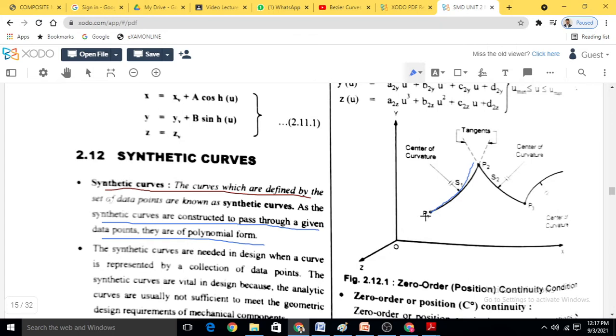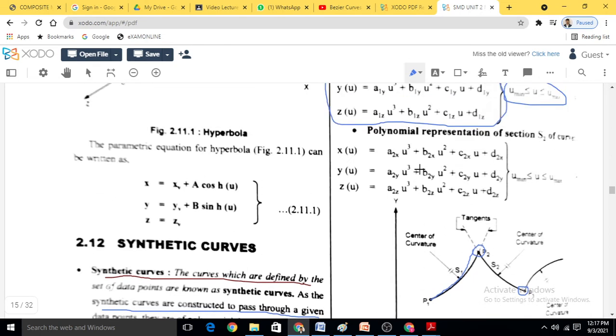and if we divide this curve into a number of parts, suppose the curve passing through P1 to P2, we mark it as section 1, and the curve passing through point P2 to P3, we mark it as section 2.